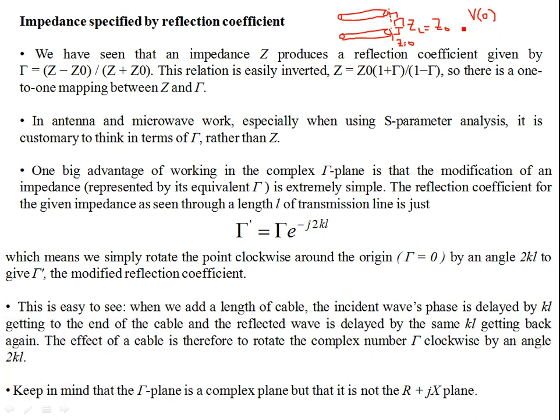Let's say this transmission line has a characteristic impedance of Z naught, and let's say it's a lossless line, so K is real. If it was a lossy line, then K is complex. If it has some dielectric filling, or if you're considering the finite resistivity of metal conductors, then there's some loss. So the propagation constant K becomes complex.